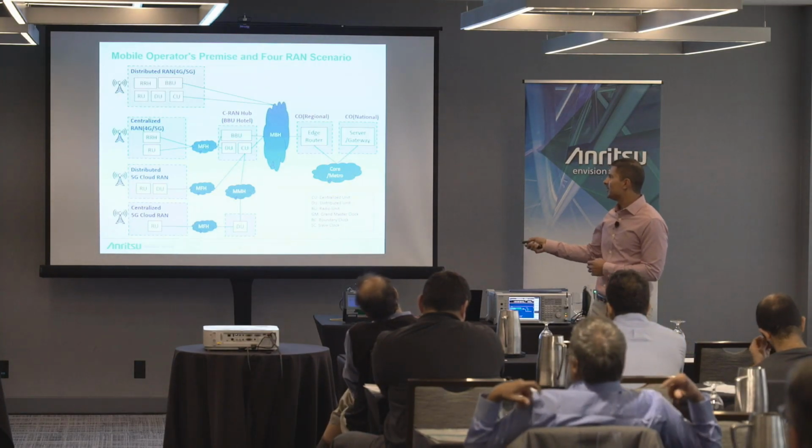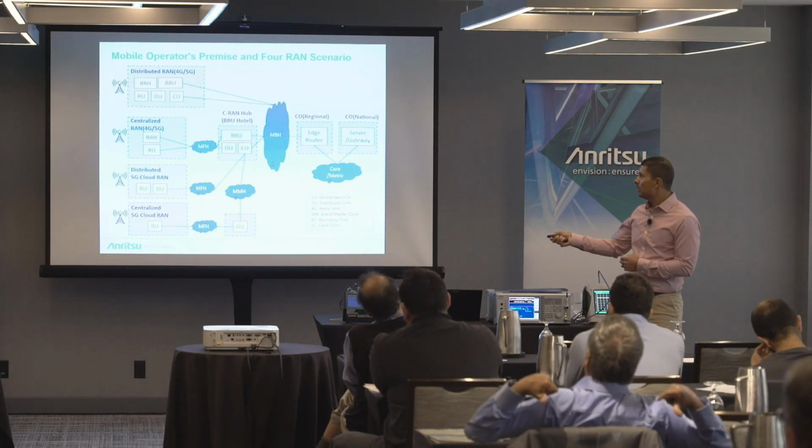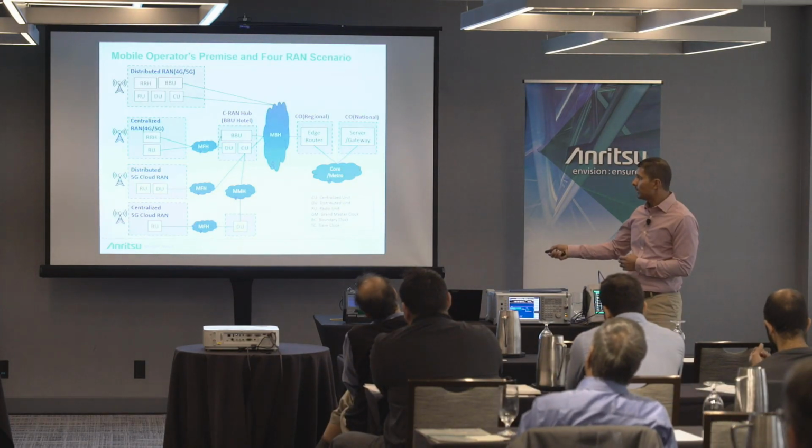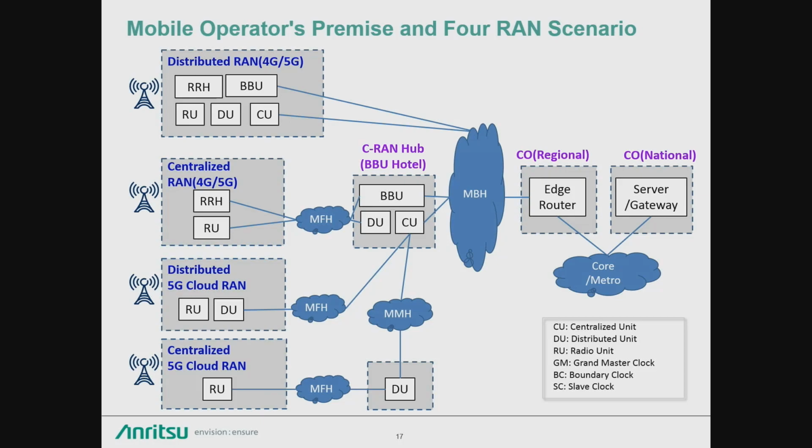NGFI, Next Generation Fronthaul Interface. That's NGFI 1 right here. And then when you go down here to the centralized RAN, here's the RU and the DU. That's NGFI 1. The DU to the CU, we called it mobile mid-haul here, but what else is that called? NGFI 2, exactly. So this is just a block diagram showing what this would look like.